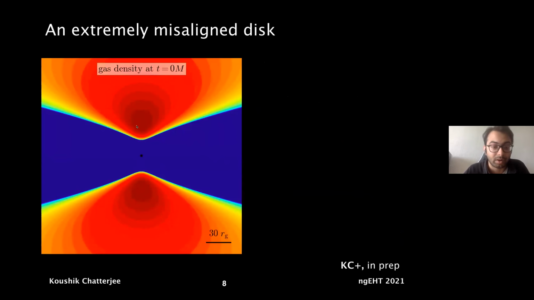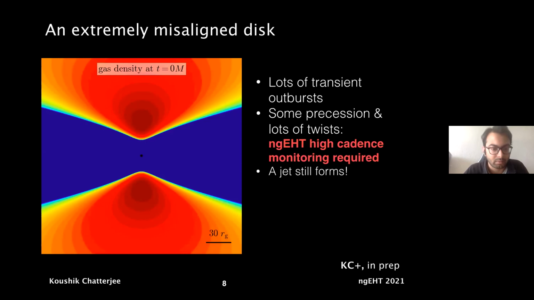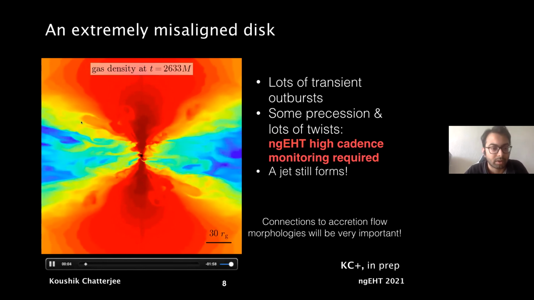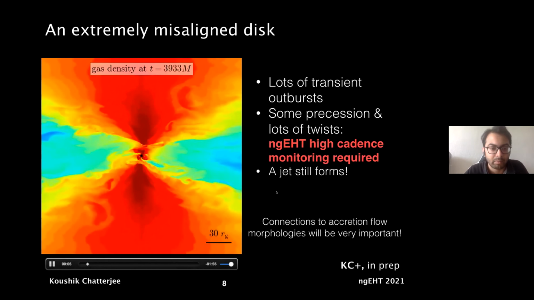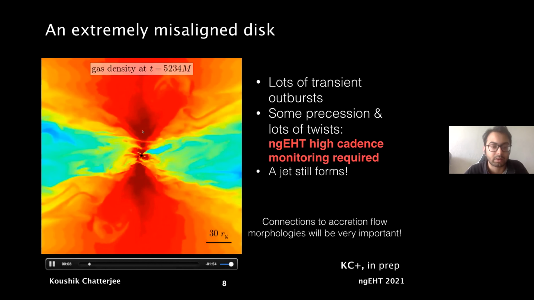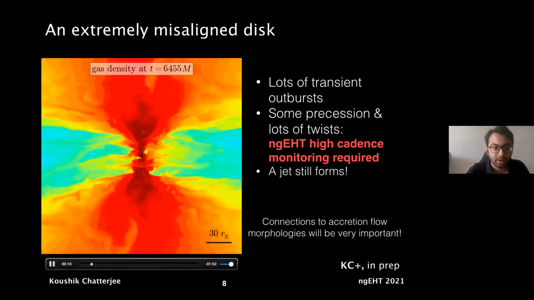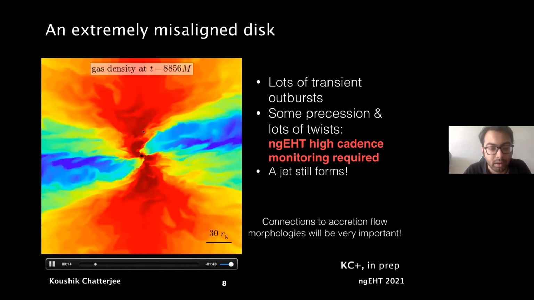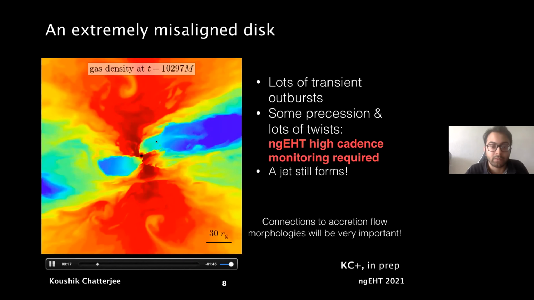Right. And then you have this disk spinning in the negative x direction. And what happens in this case? What happens is that you do have accretion, you do have some transient effects going on around, and since the initial field was set to be that of what you would typically expect a magnetically arrested disk to be, you do still form a jet.